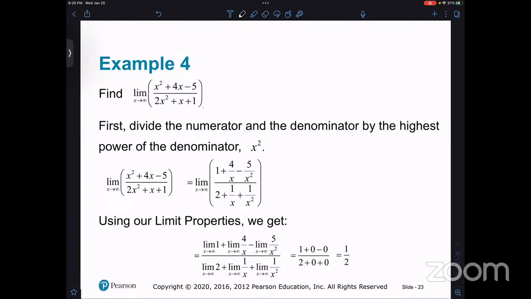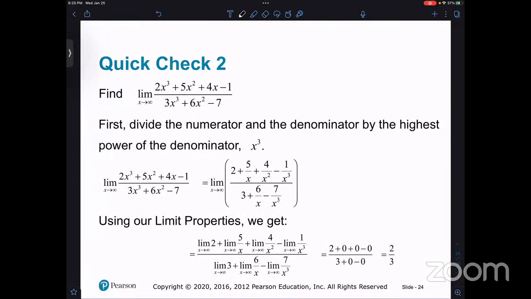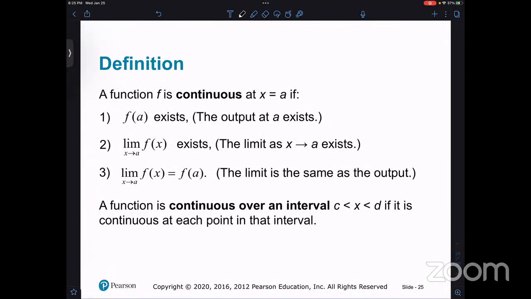So the quick check, we leave as an exercise for you, and we have this definition. We have that a function f is continuous at x equals a if, first, f of a exists, that the output at a exists, right? The limit as x approaches a of f of x exists.